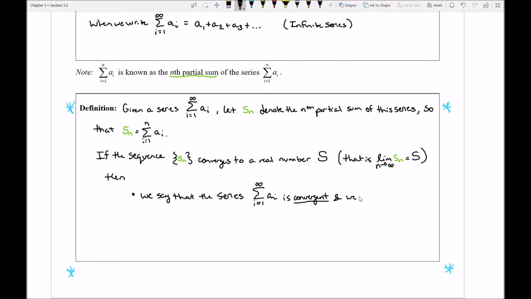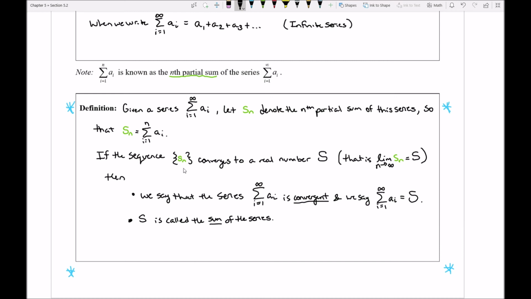And more than that, if it's convergent, we're saying that it's adding up to something. Specifically, we will say it adds up to this same exact S value that we had above. We can also say that S is then called the sum of the series, this infinite series.